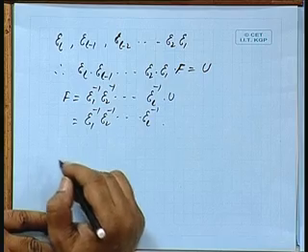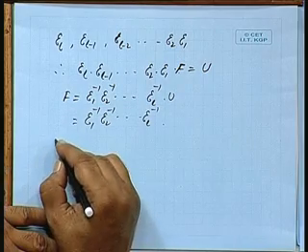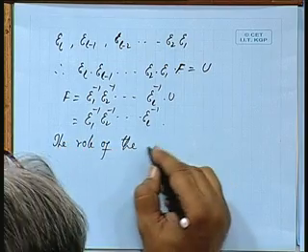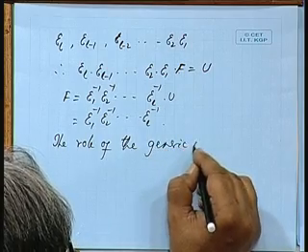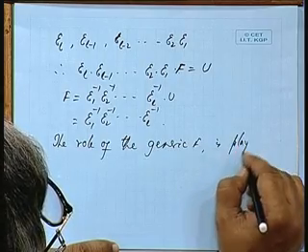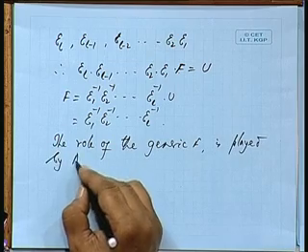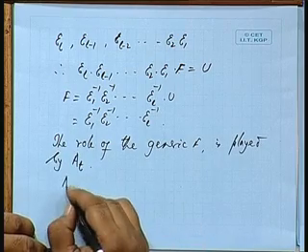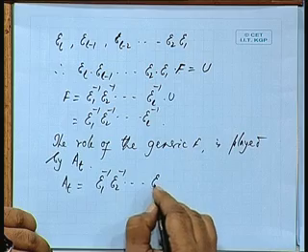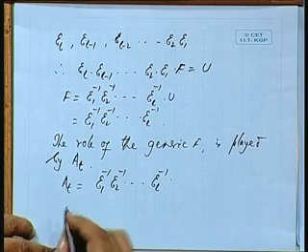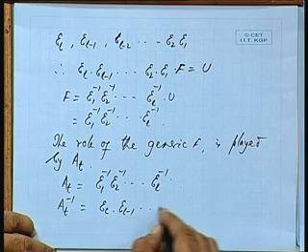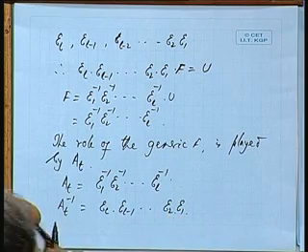So, the role of this generic F is to be played by AT. Therefore, AT will be like this, or AT inverse I can write as this.